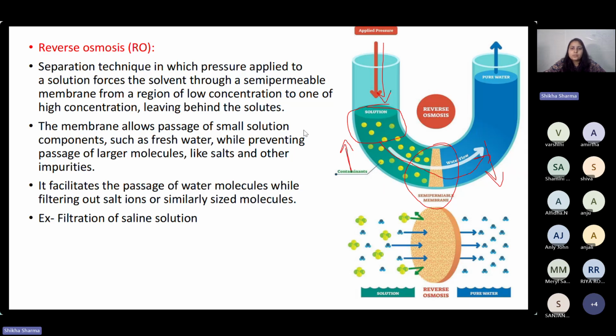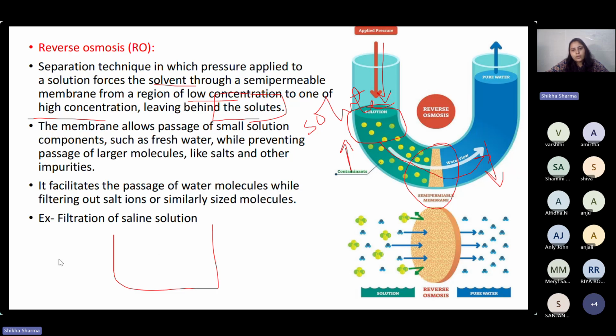Sorry, the solute will go from the higher concentration to the lower, and the solvent will go through the semi-permeable membrane from a lower concentration to a higher concentration, leaving behind the solute. So it is very important to remember what happens in reverse osmosis.